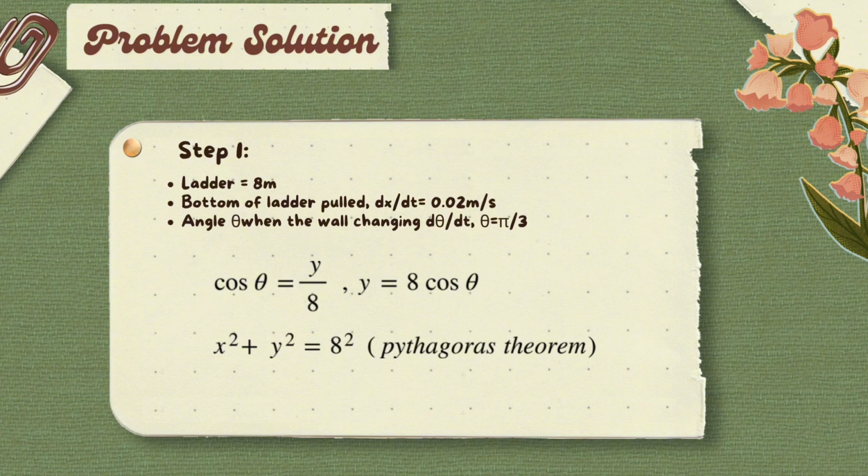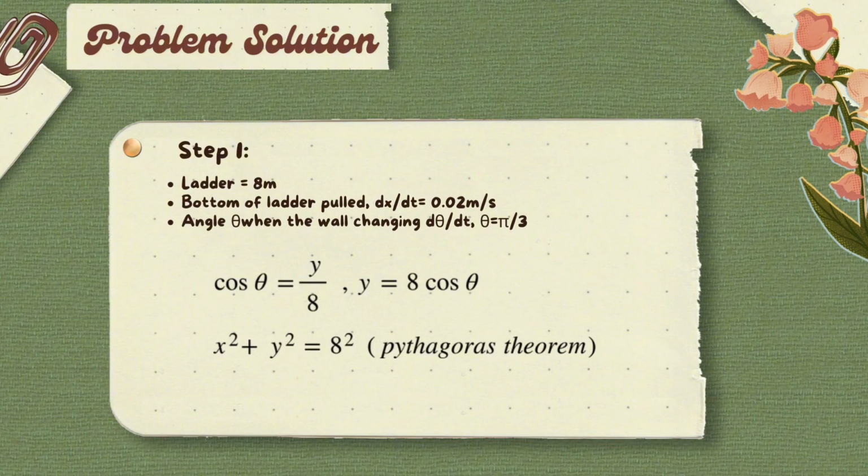As you can see, this is a triangle, and we use SOH CAH TOA to find the angle theta. So we use cos equal to adjacent over hypotenuse.